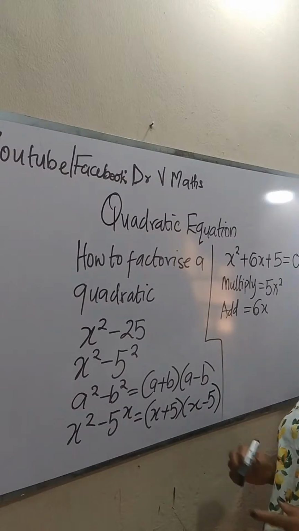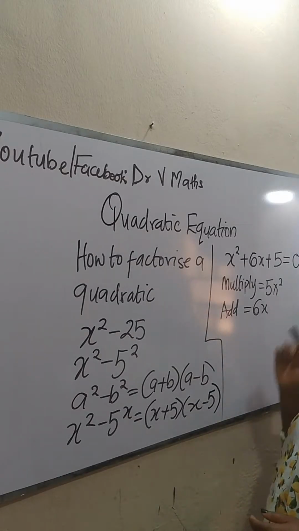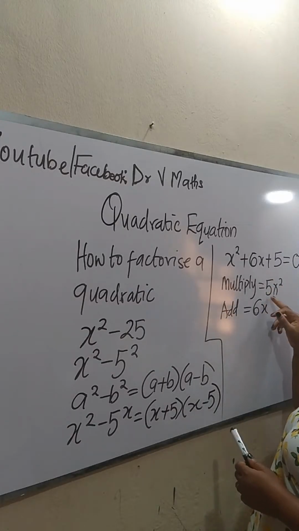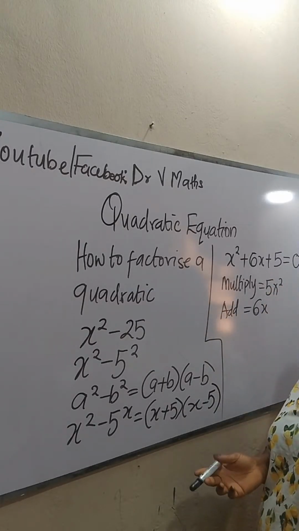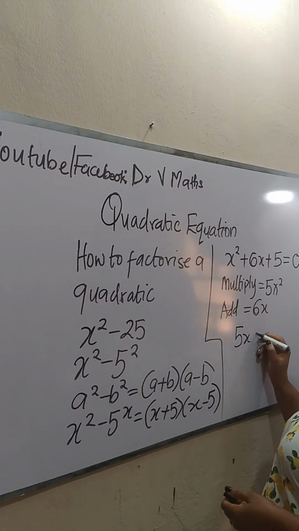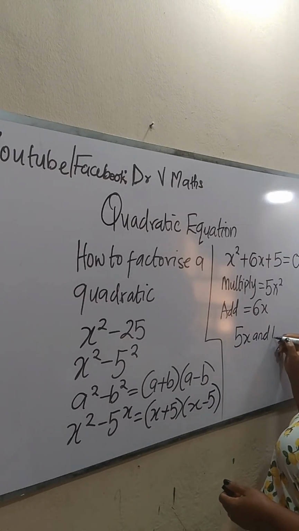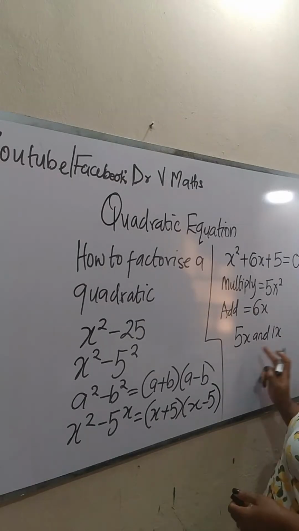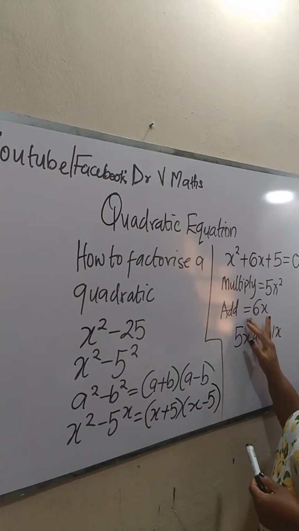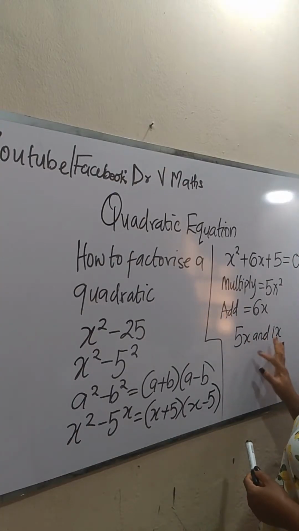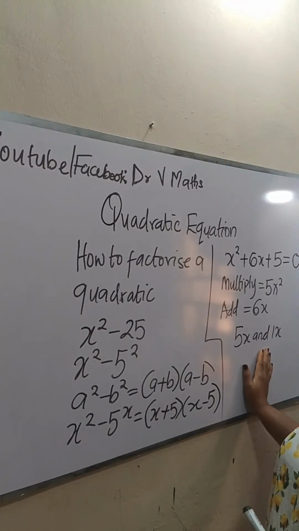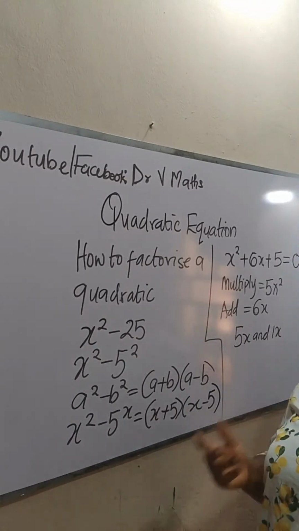So we look for two numbers: when we multiply them, we get 5x squared, and when we add, we get 6x. Looking at this, we can do 5 times 1, which is 5. So 5x and 1x. If you multiply them, you get 5x squared. If you add them, you get 6x. You can see both numbers are positive. So that is how you factor them.